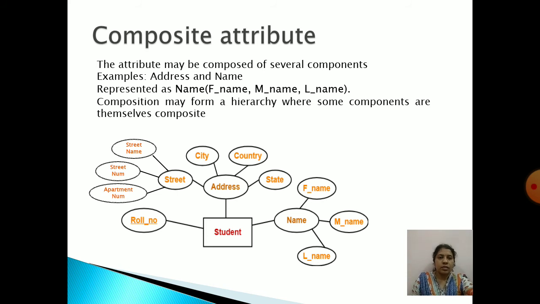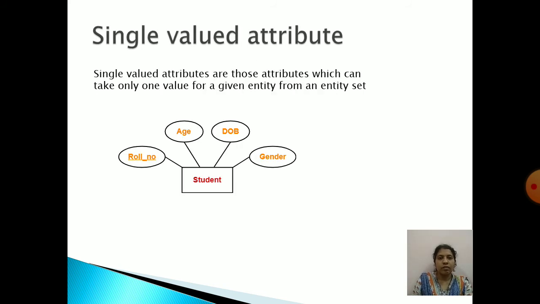Okay, then the next is single valued attribute. Single valued attributes mean those which can take only one value for a given entity from the entity set. See here, roll number, age, date of birth, gender. So these attributes can have only one value at a time.